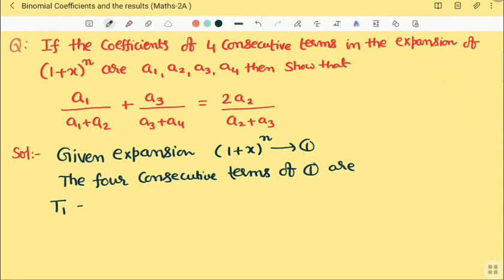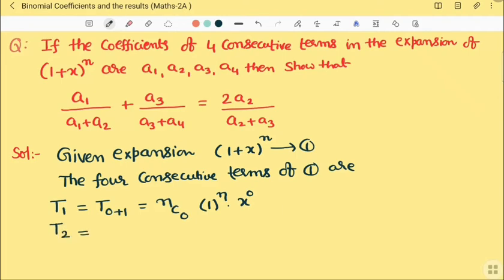T1, I am taking. Can I write it like T0 plus 1? I want to write T(r+1) as the general term. So, r is equal to 0 in this case. nC0 1^n x^0. I hope everyone understands.